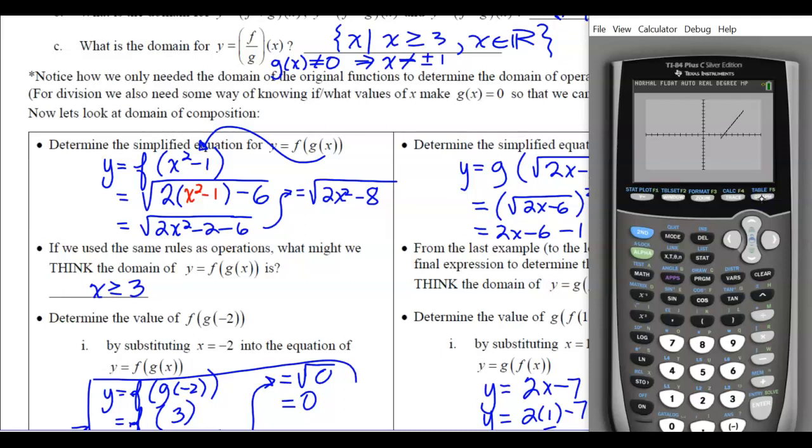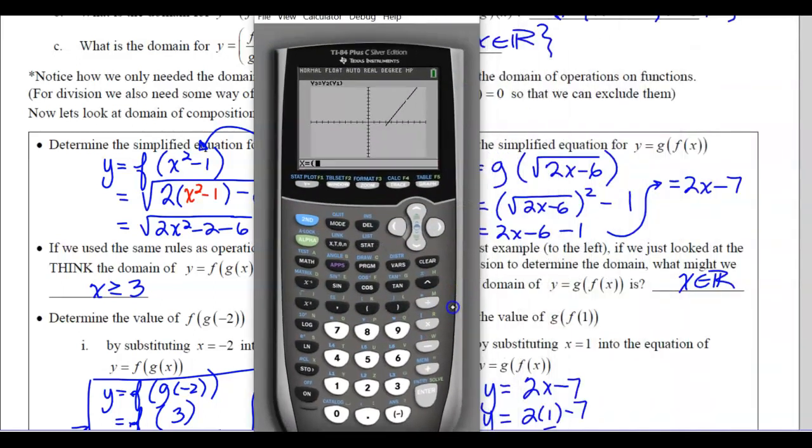And there it is. It's not a line that continues on forever. Looks like you test that at x equals 3. It goes to that point. And we said the domain, after looking thoroughly at this, we said the domain was x greater than or equal to 3. Originally, we said all real numbers, right? But your calculator will show you. As long as you don't put in the simplified, I did not put in 2x minus 7.